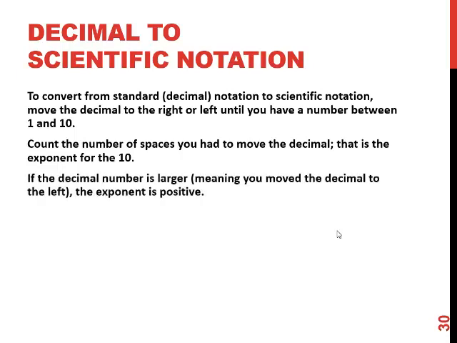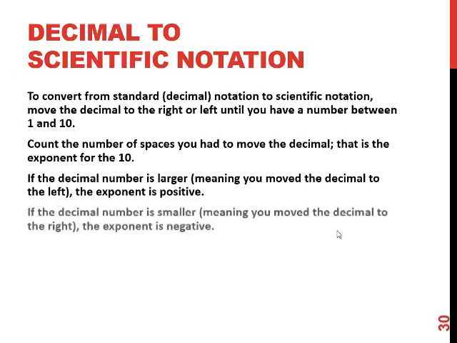If we moved the decimal to the left, meaning that the original number was larger, then our exponent is going to be positive. If we moved it to the right, meaning our original number was smaller, the exponent is negative.